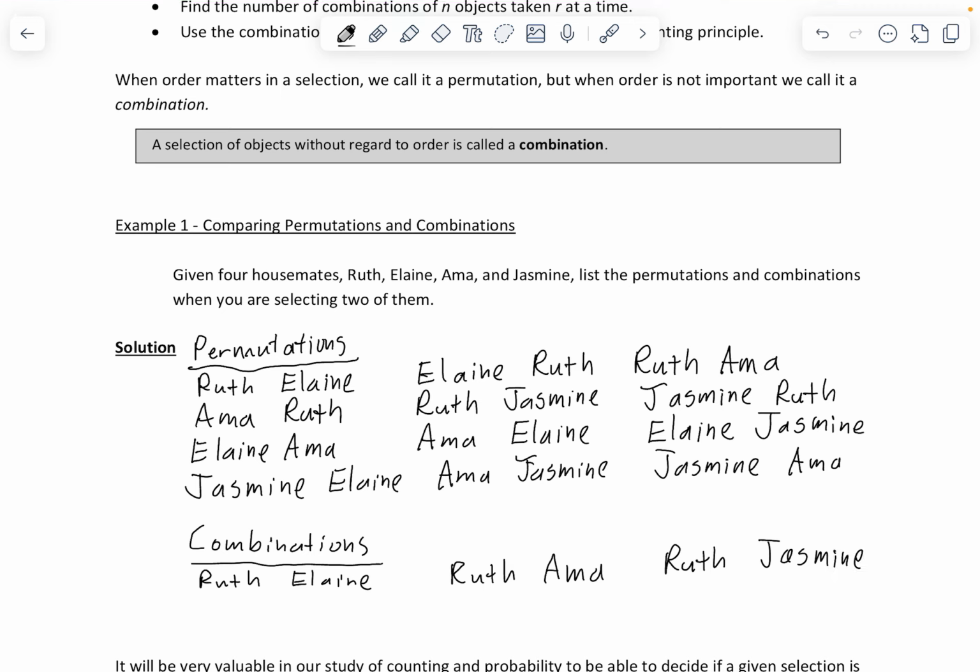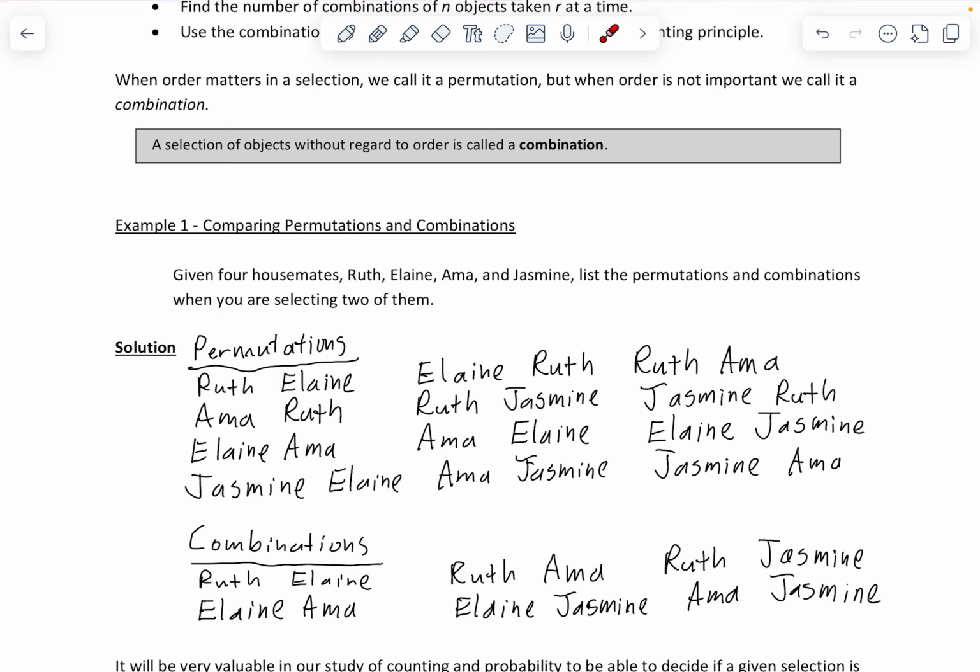We could have Elaine, followed by Emma, Elaine, followed by Jasmine, and Emma, followed by Jasmine.